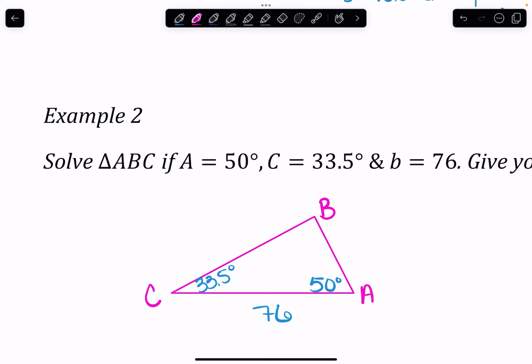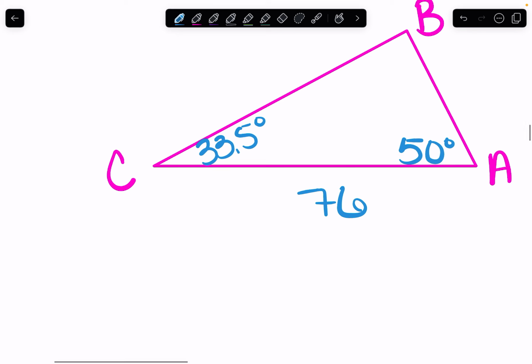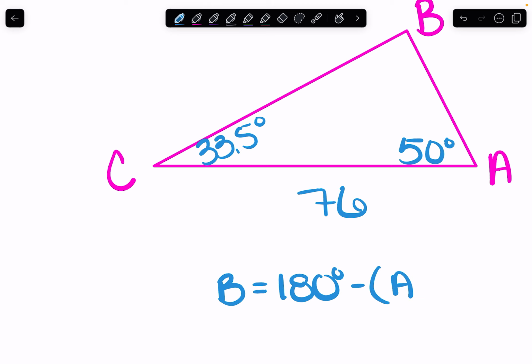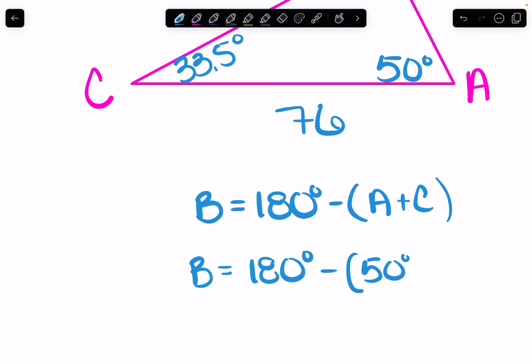All right. In this case, I'm missing one angle, so I want to go ahead and find that angle first. So remember, the sum of the angles in a triangle is 180. So angle B is going to be equal to 180 minus the sum of the two that were given, A and C. So angle B is 180 minus the sum of 50 and 33.5.